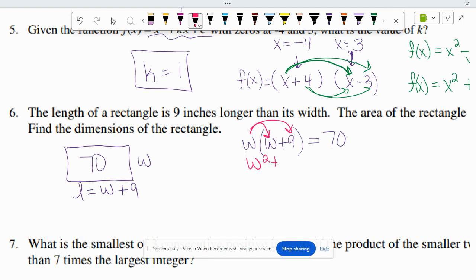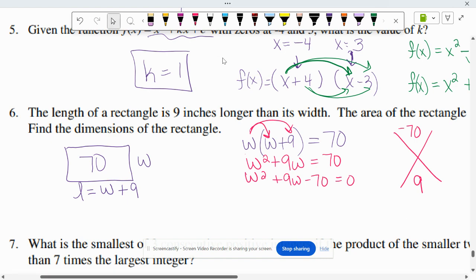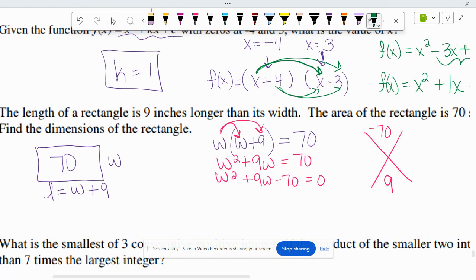W times 9 is 9W. All right. So I have W squared plus 9W minus 70 equals 0. So I'm really looking for two numbers that I can multiply together to get negative 70, that when I add them, I get 9. So this is the non-calculator part of the test.